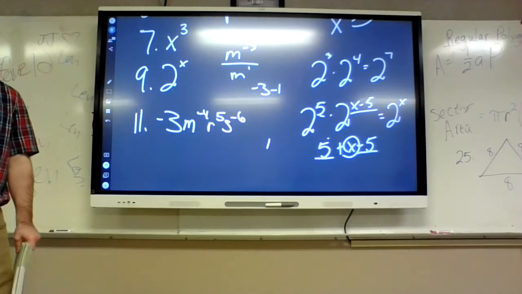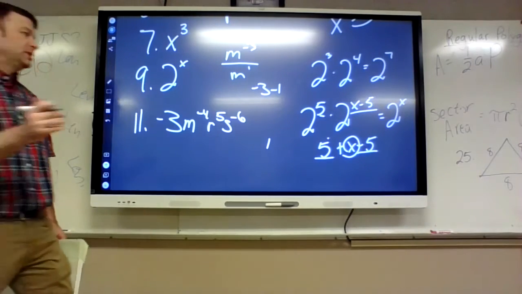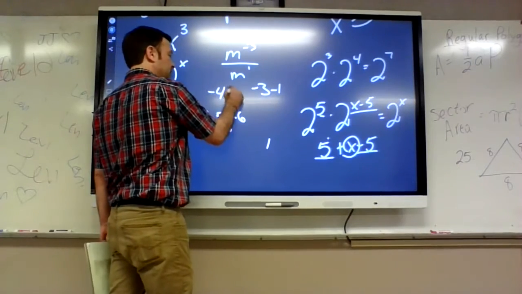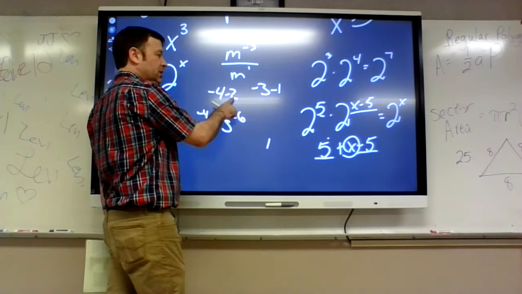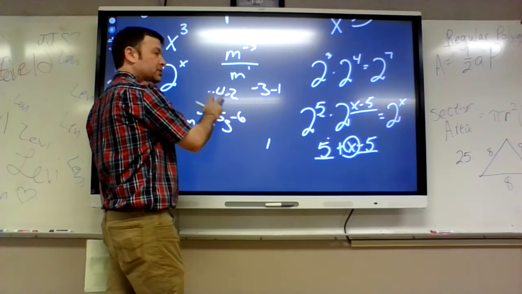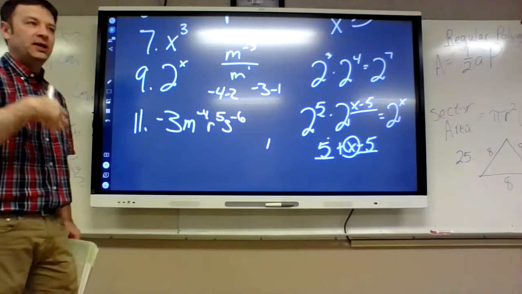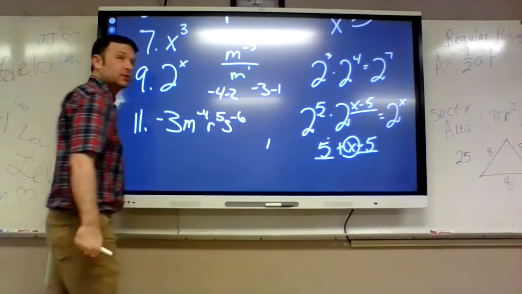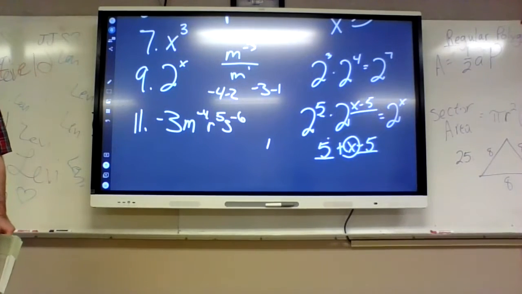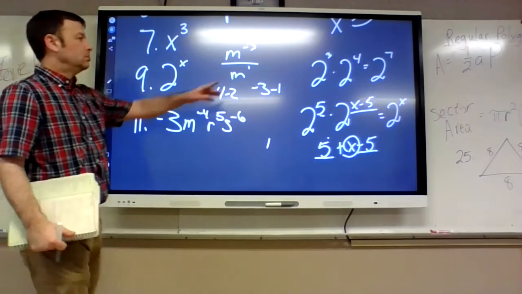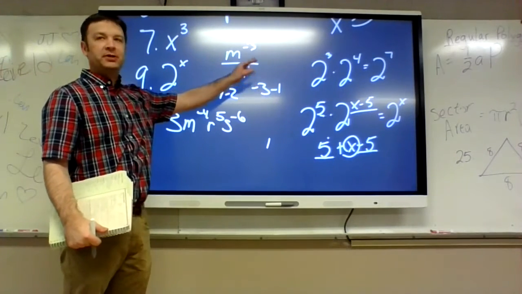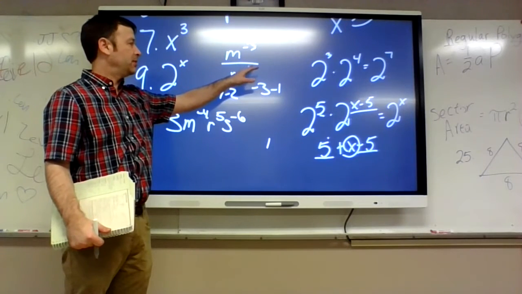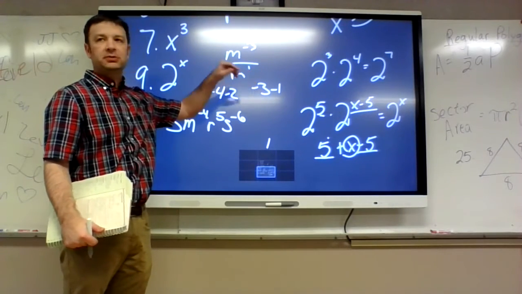If you get confused, you might want to write it out, like negative 4 minus 2. And if that confuses you, plug it in the calculator, make sure you get it right. Because usually when we start doing minuses and negatives, people start getting these confused. Where did you get the 1 from when you did negative 3 minus 1? It was invisible. If there's no exponent on the m, it's 1. From the bottom? Yes.